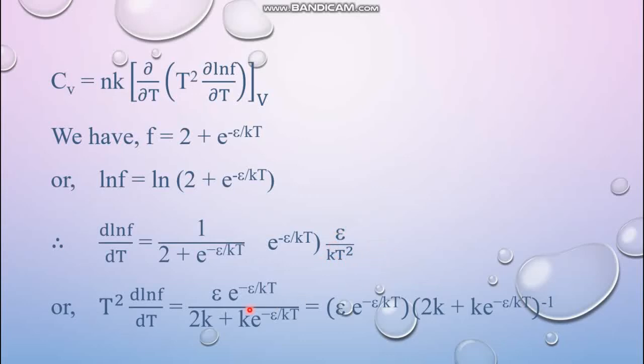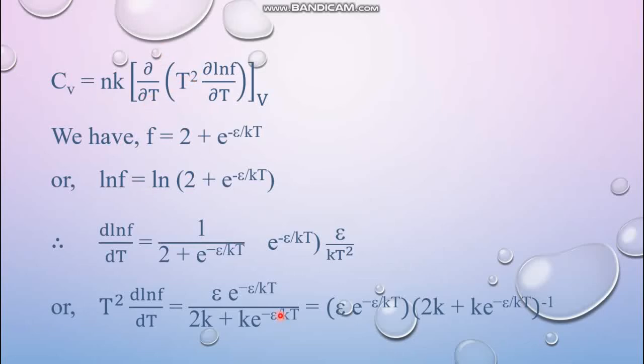Now take this T squared to the left-hand side, so it becomes T squared d ln f by dT, and that is similar to this term, so you are going to have one term. Then whatever is obtained from here, you must differentiate with respect to temperature at constant volume.